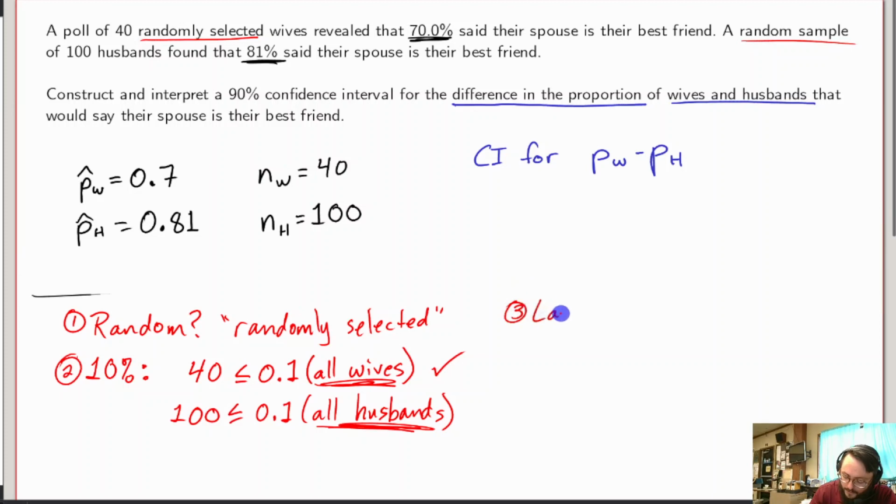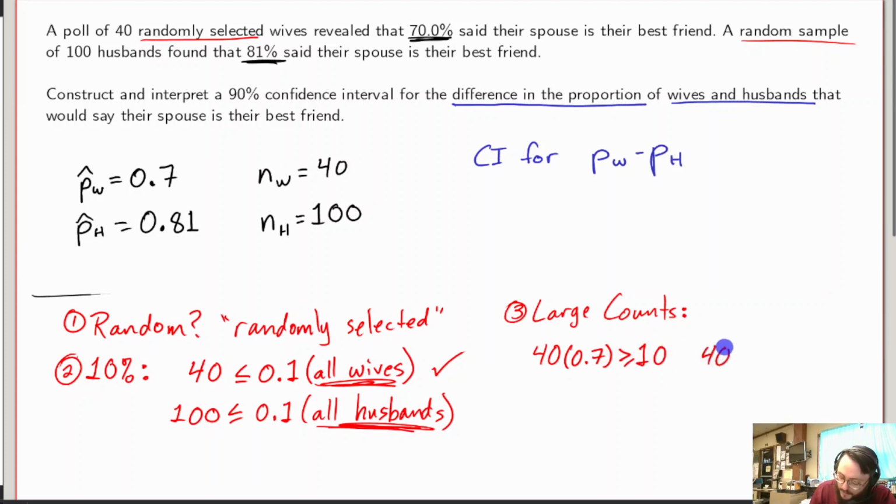Now for large counts, we need to check that the number of successes and the number of failures in each sample is at least 10. We do that by taking our sample size and multiplying it by our p-hat value, 0.7, and seeing if that is at least 10.